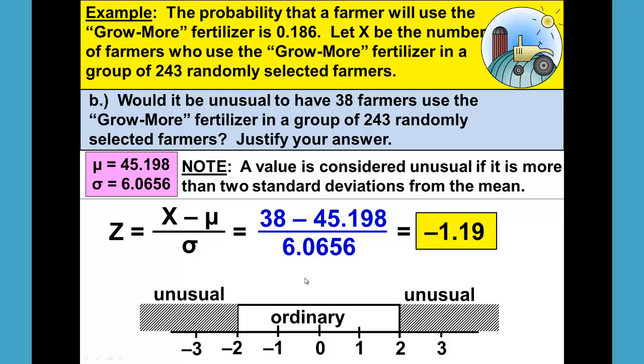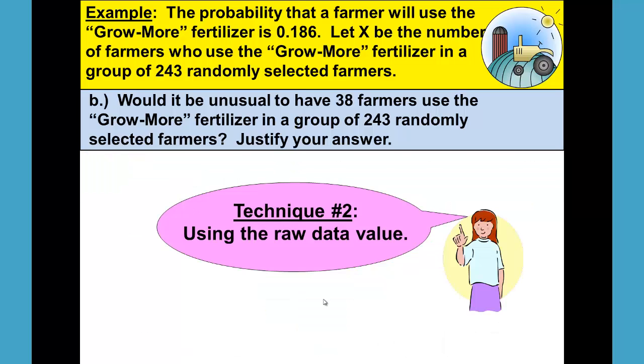Where does that fall on our number line? Well, that falls slightly below the negative 1 in the ordinary range and within the 2 standard deviations. Therefore, our conclusion is that this is ordinary. Better just to say ordinary.